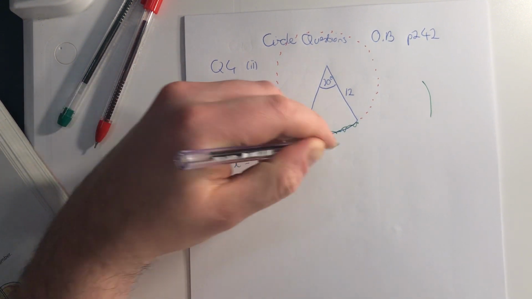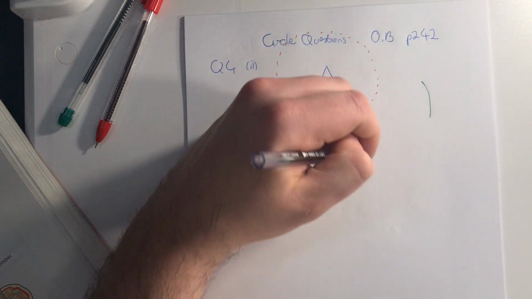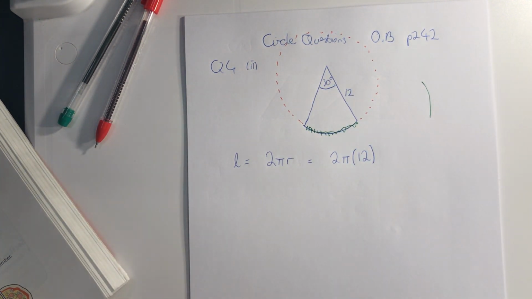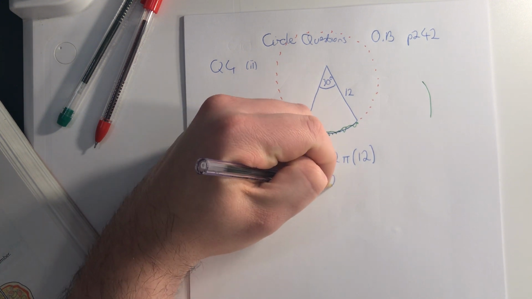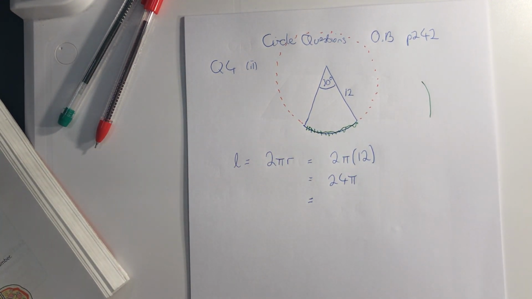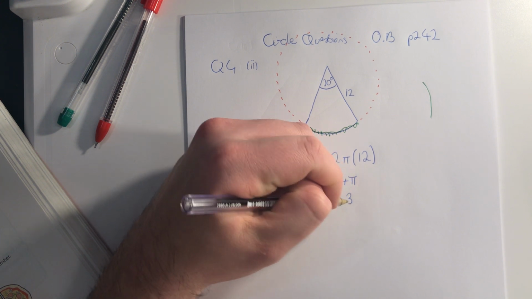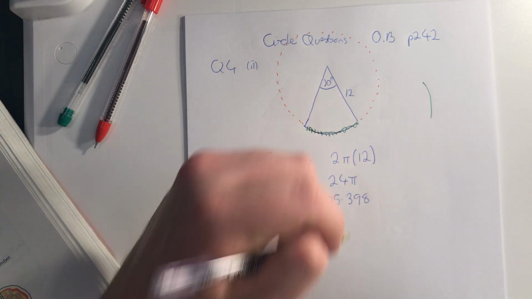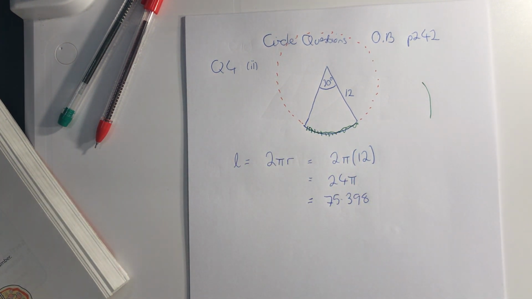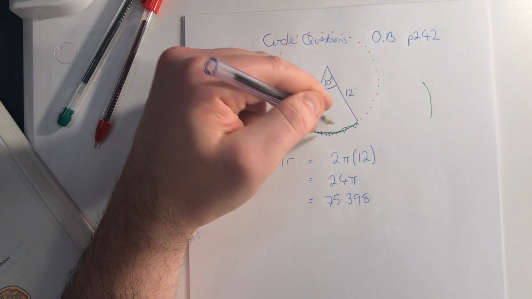So L is equal to 2 pi r. In our case, that's 2 times pi times 12, which is our radius. So that's equal to 24 pi, which is equal to 75.398 something, okay?